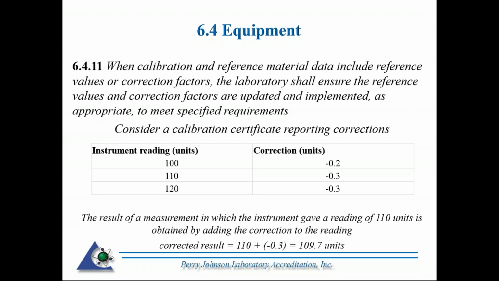There's a correction factor specified as minus 0.2 degrees C. In the example posted here, if an instrument gave a reading of 110 units, obtained by adding the correction factor to the reading, the corrected result would be 109.7.